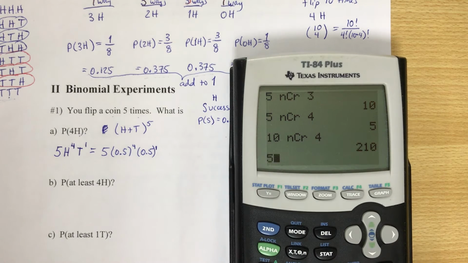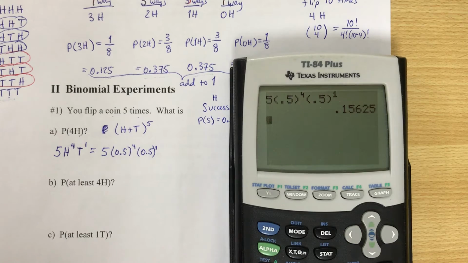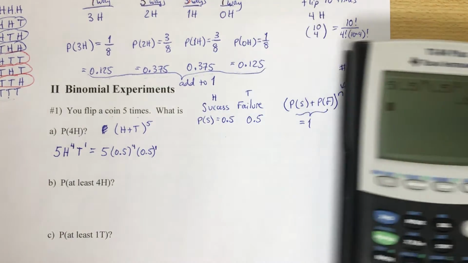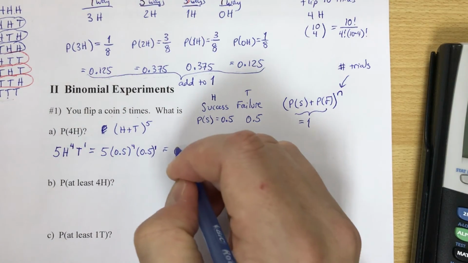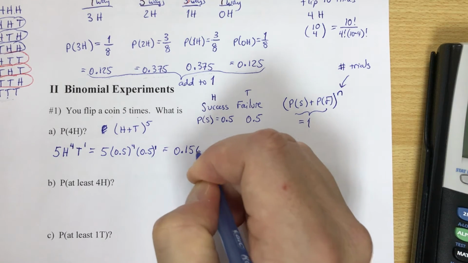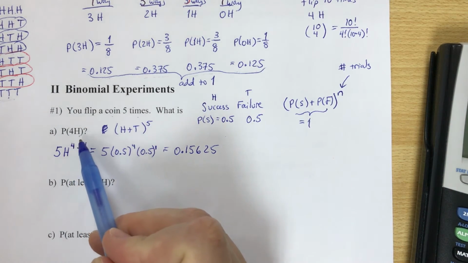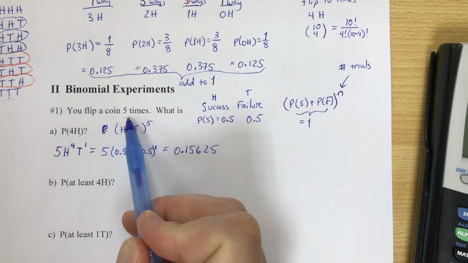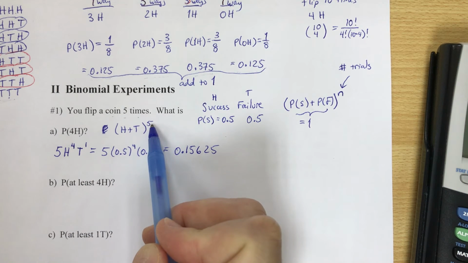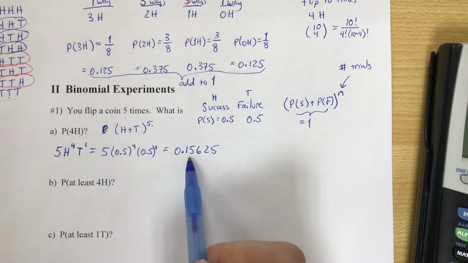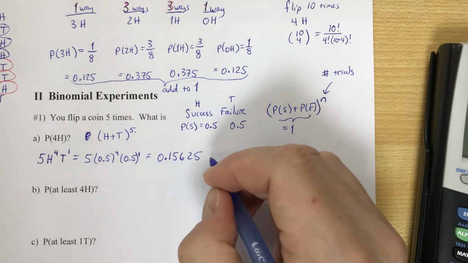So 5 times 0.5 raised to the 4th times 0.5 raised to the 1st equals 0.15625. So this would be the probability that we get exactly 4 heads out of 5 times. We're going to flip 5 times. That's the number of trials. And this is the probability of 4 heads.